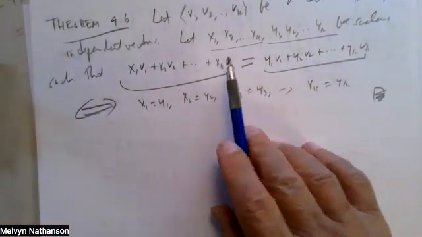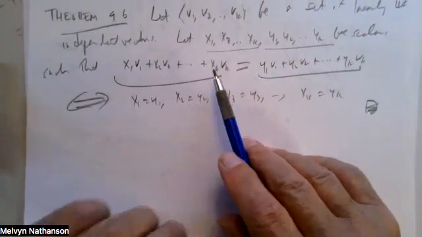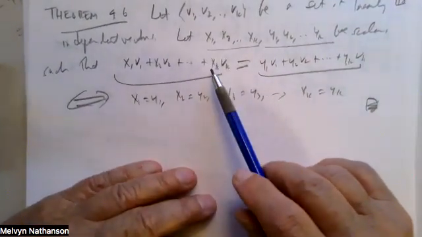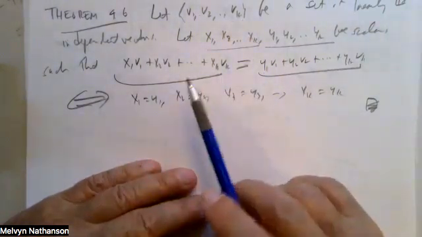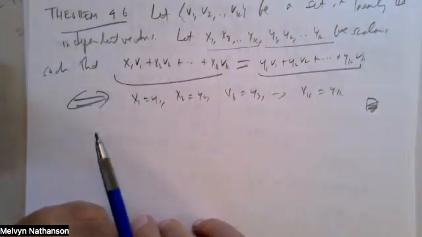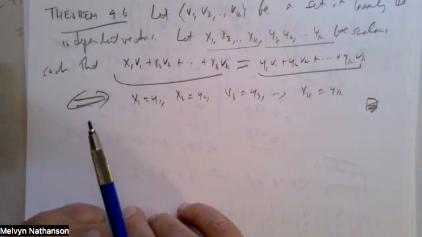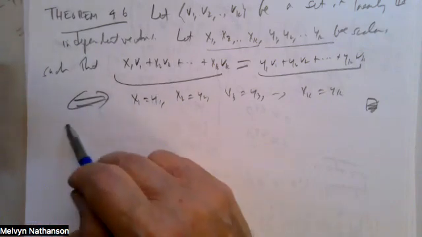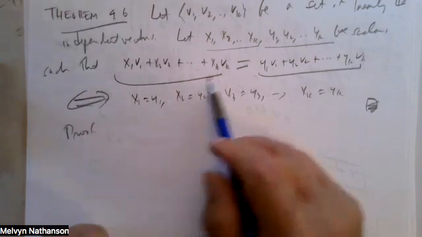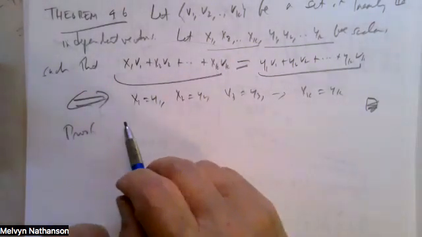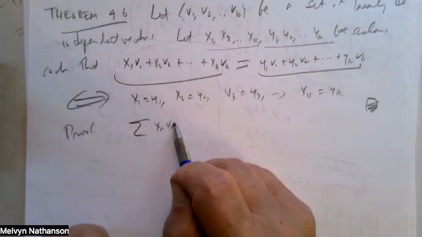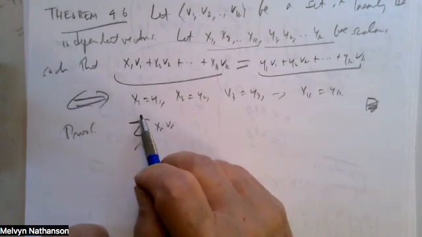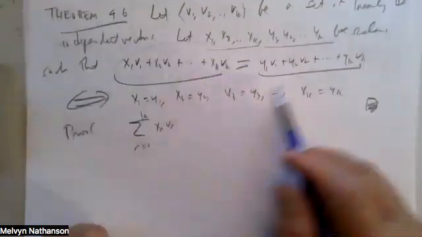So if you have linearly independent vectors, every vector in the subspace they generate has a unique representation as a linear combination of those generating vectors. And the proof will go as follows. Let me use summation, sigma notation. So summation xi vi, i goes from 1 up to k, that's what this is.